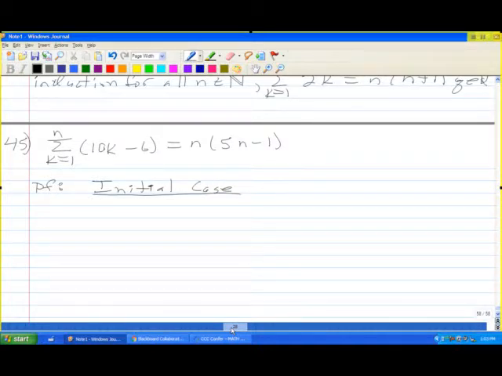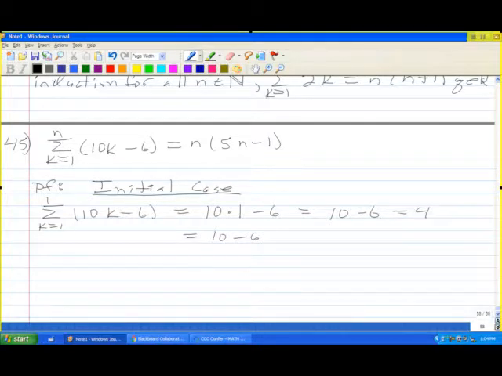Okay, so let's do the initial case. So let's replace n here by 1. So this is equal to 10 times 1 minus 6. That's the only term. And so 10 minus 6 is 4. Next, let's see if the formula works for this case.